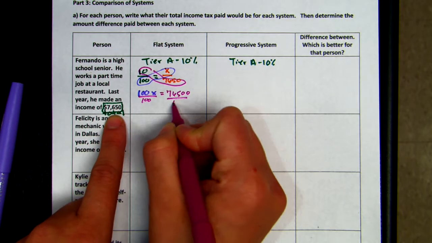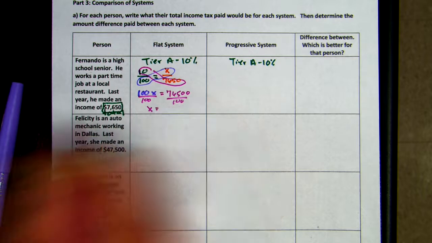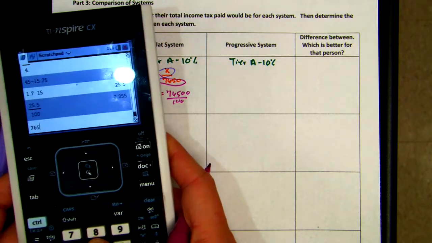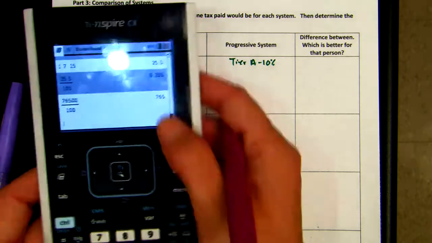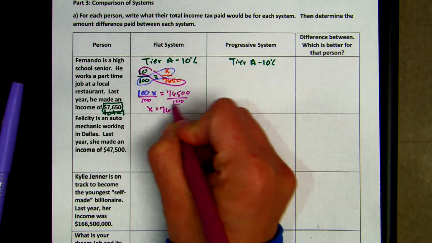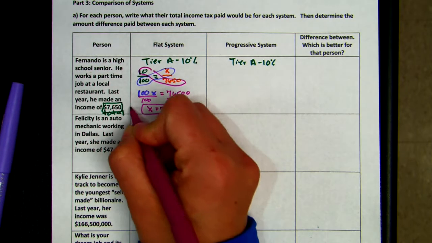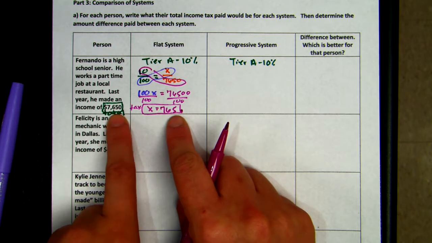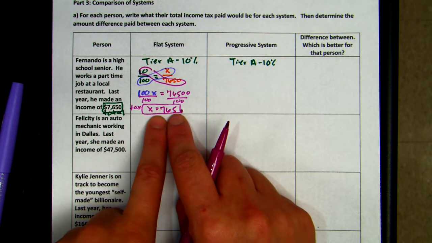Divide by 100 on both sides. X is equal to, when I type that into my calculator, 76,500 divided by 100 gives me 765. So x equals 765. So that is his tax amount. He has to pay $765 of his total amount to the government.